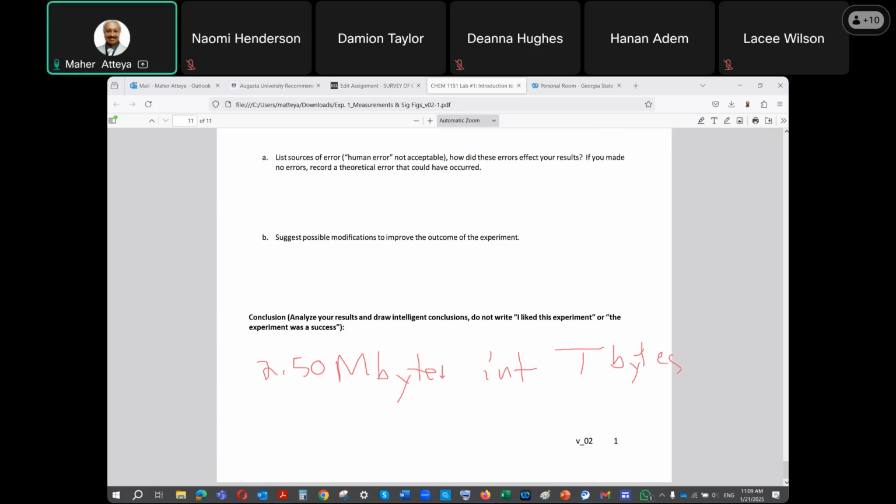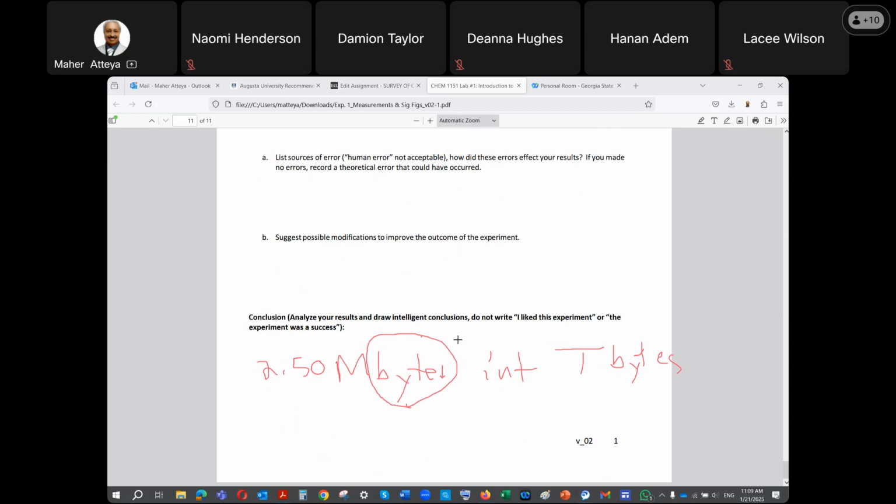Now, if you look at this, first of all, this byte here, you are using in computer, correct? The size or the volume, so these are units for computer space or volume.